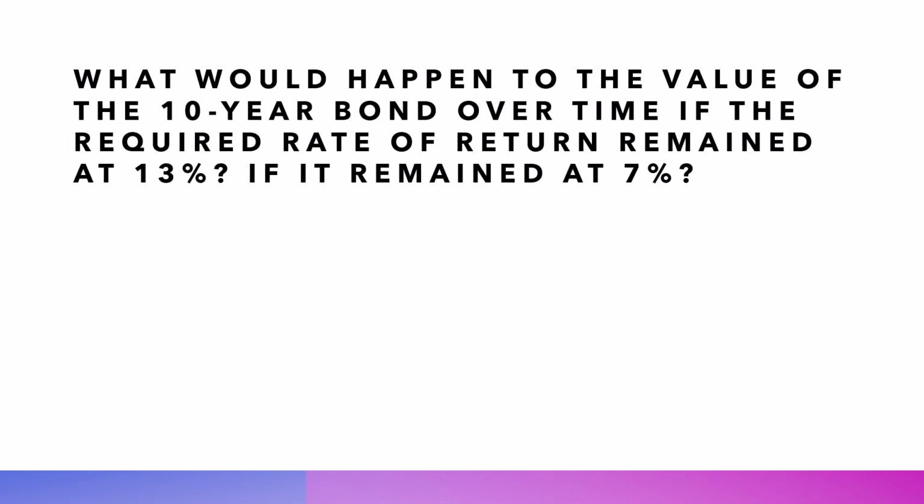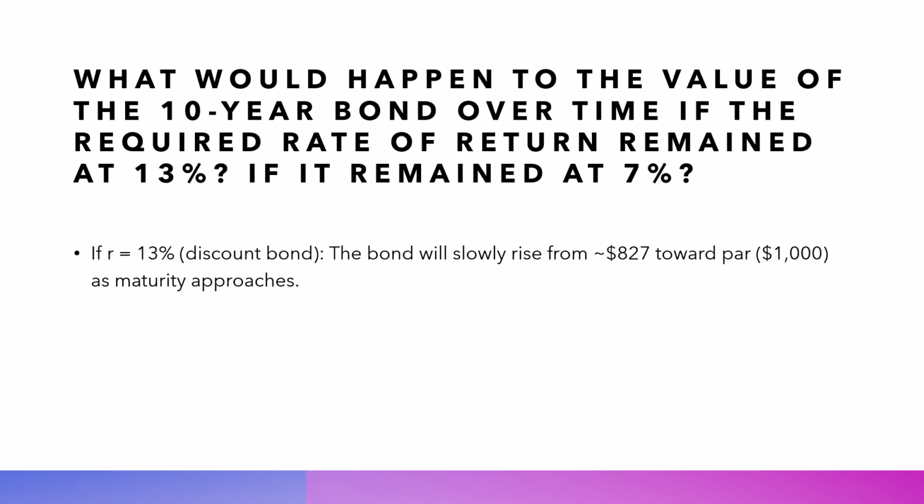What would happen to the value of the 10-year bond over time if the required rate of return remained at 13% and if it remained at 7%? If R equals 13%, it is a discount bond. If R equals 7%, it is a premium bond.